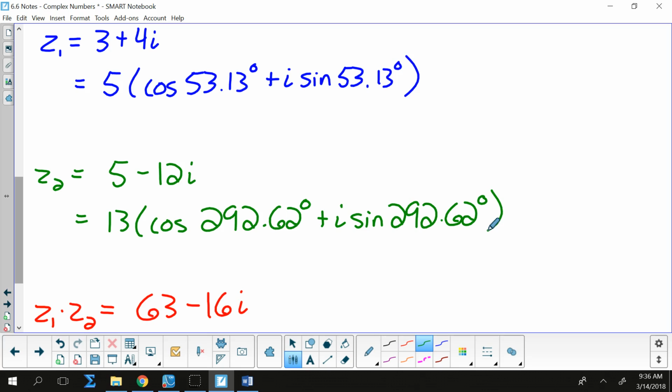Again, 5 squared plus negative 12 squared is 25 plus 144, which is 169. Square root of 169 is 13. That's how we get r. Inverse tangent of 12 divided by 5 gets me a reference angle of 67.38 degrees. Because I'm in quadrant number 4, I subtract that from 360 degrees, which gets me 292.62 degrees. Love it. Okay? All right.